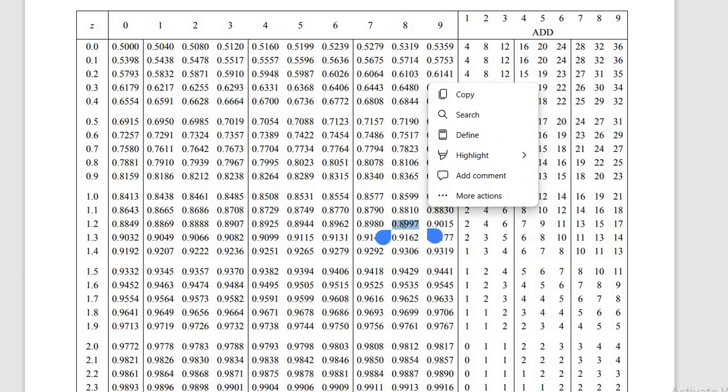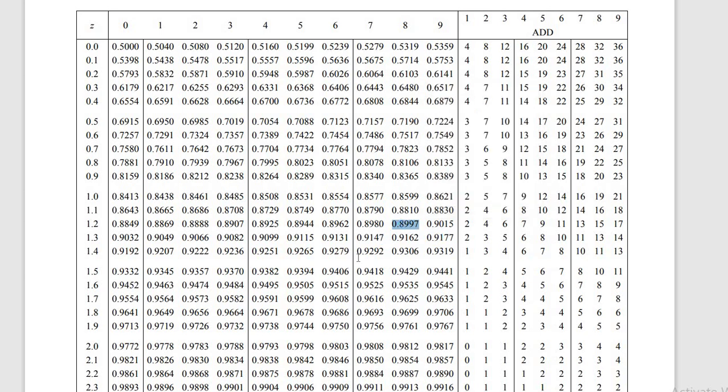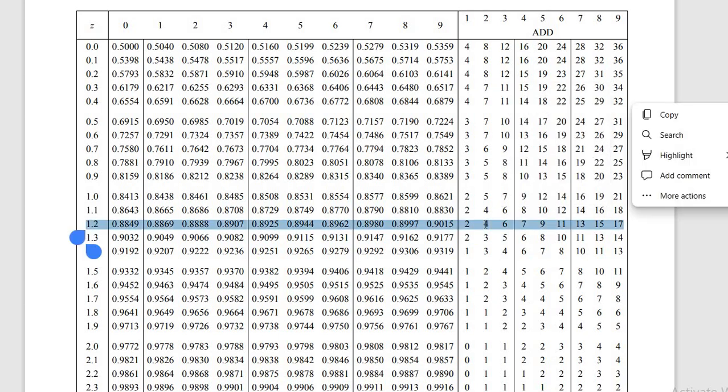It's approximately 0.9. Let me see the one that can give me 0.1. This is 0.9 approximately. Let me look at it with this 4 here, under 2.